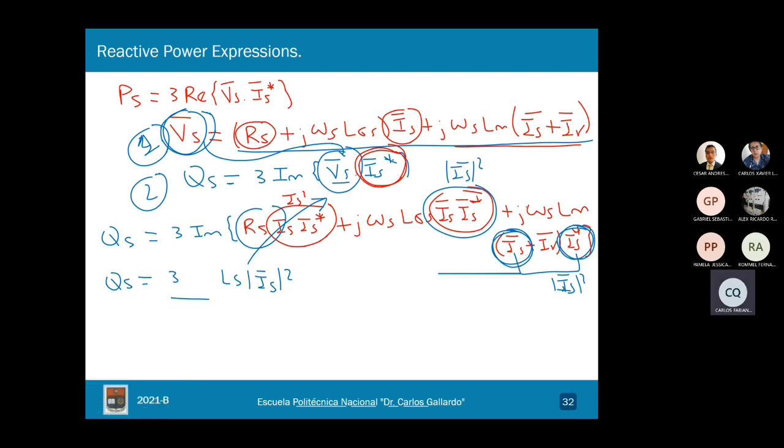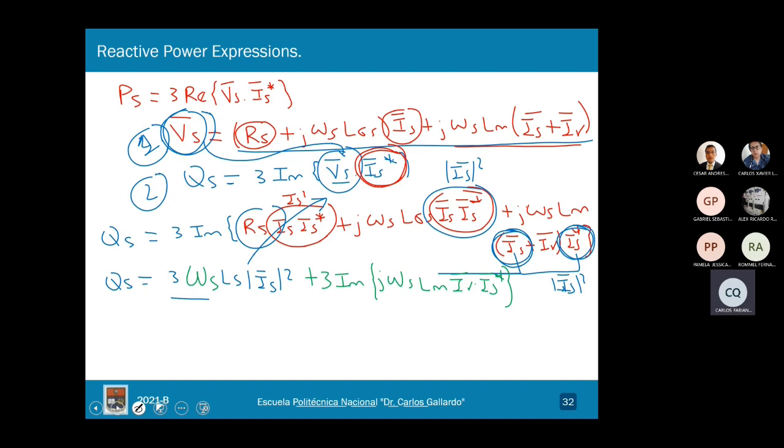I will have 3 times the speed, plus 3 times the imaginary part: J, the speed, the magnetizing inductance, the rotor current times the conjugate of the stator current. This is my final equation.